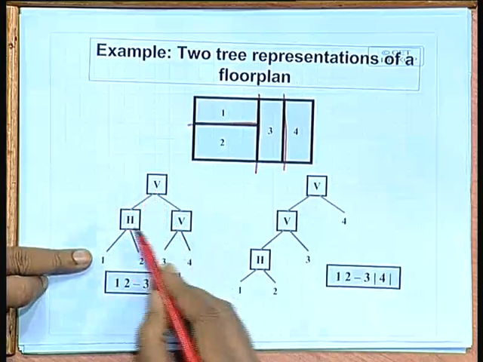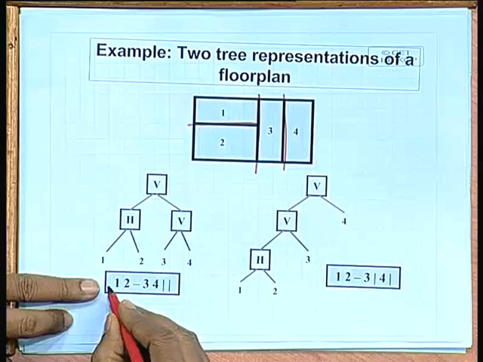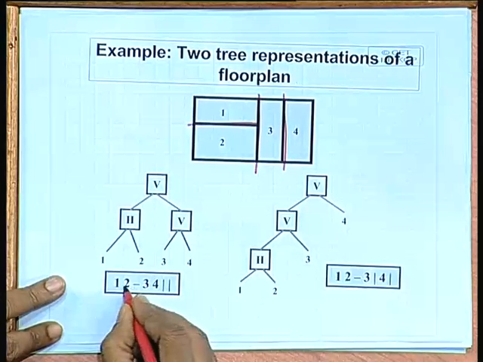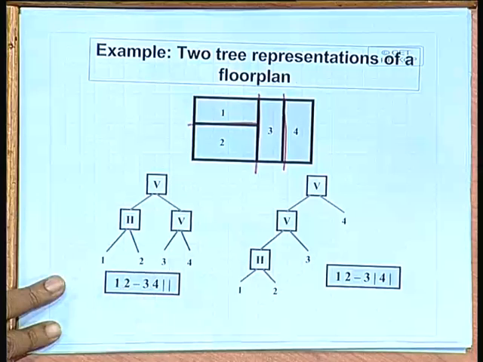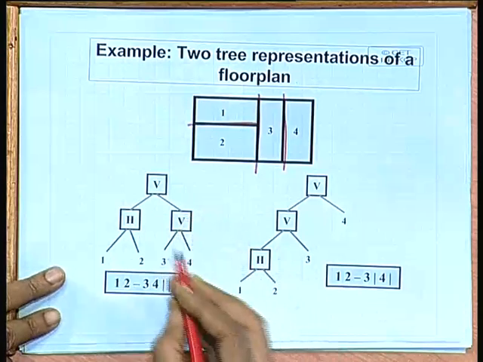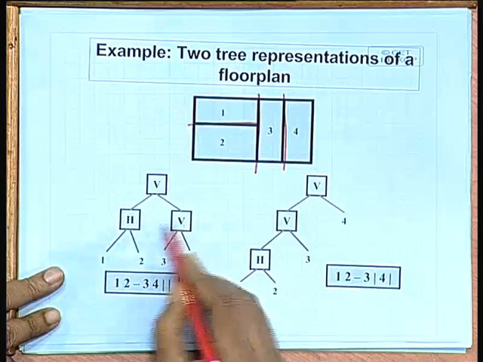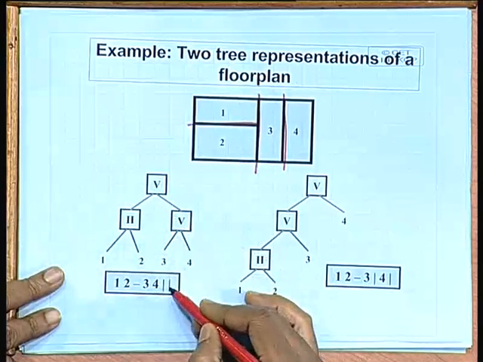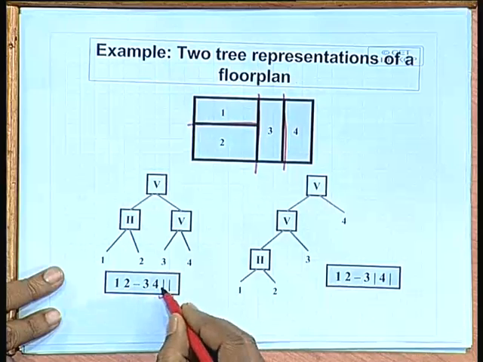So, the Polish expression will be 1, 2, H. Well, sometimes while representing, H is represented by a dash, V is represented by a bar. H means horizontal cut and V a vertical cut. So, 1, 2, H, 3, 4, V, V. So, there are 2 vertical operators which are consecutive.